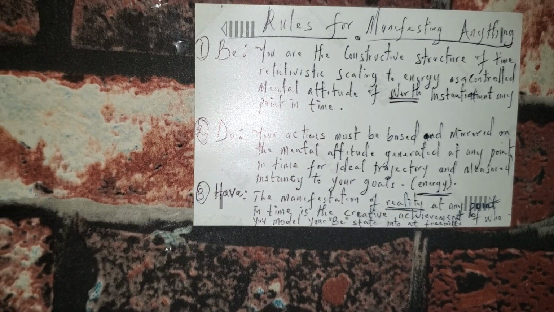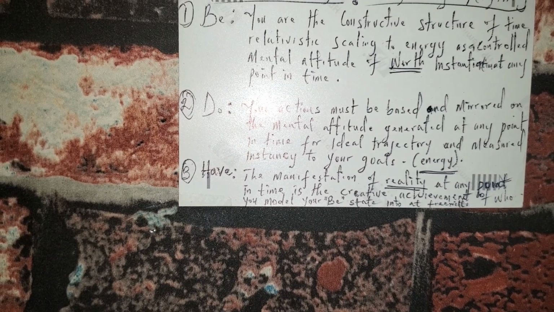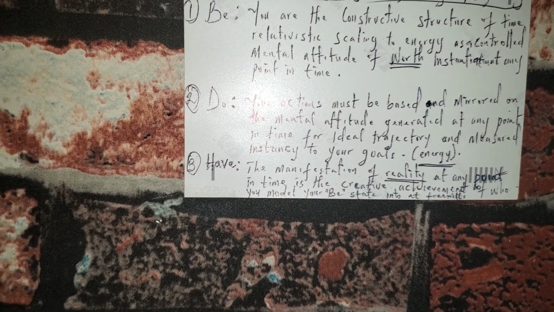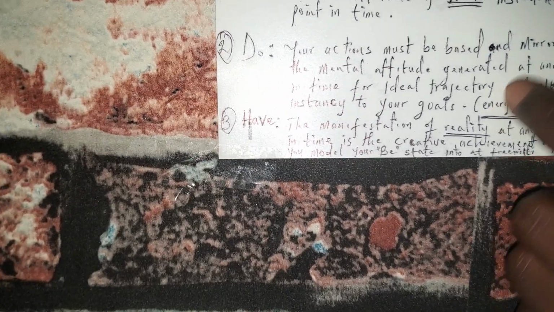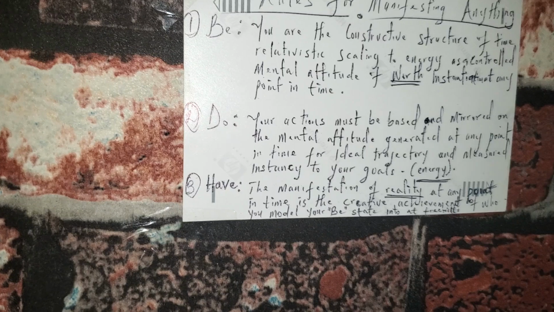Now, the do, how can we explain this? Do: your actions must be based and mirrored on the mental attitude generated at any point in time for ideal trajectory and measured instancy to your goals. And that is energy. You can see that worth is being underlined, energy is being underlined right here.